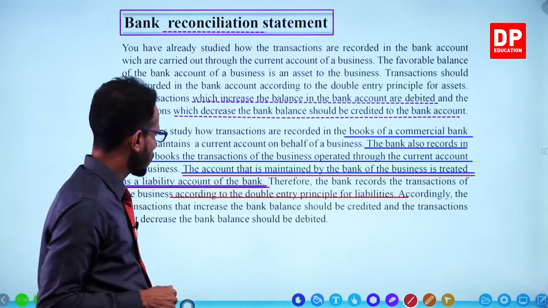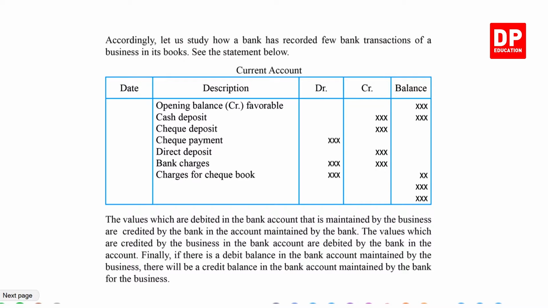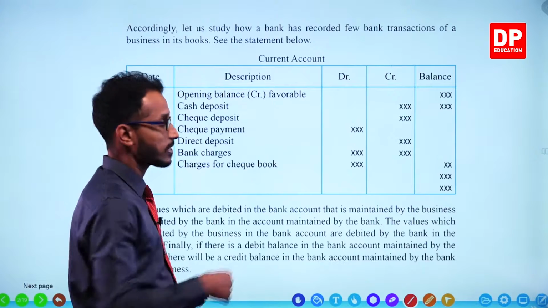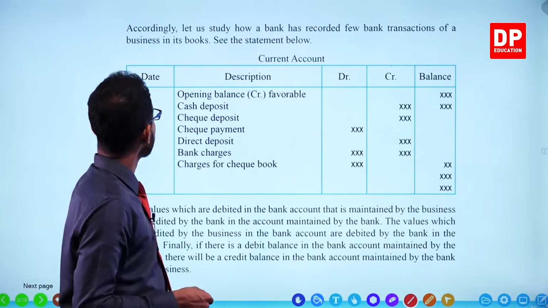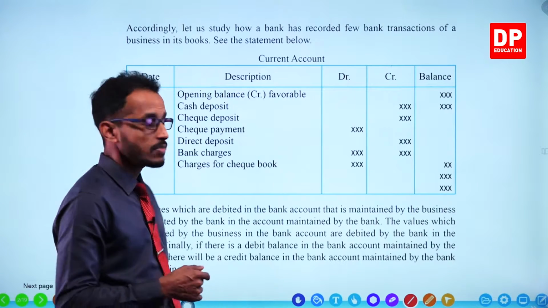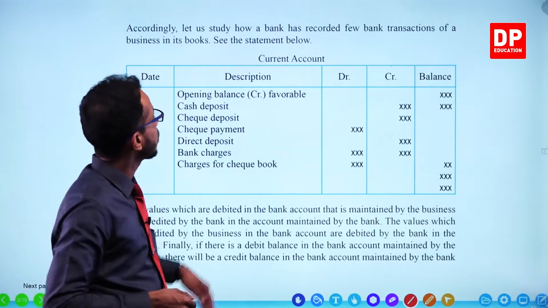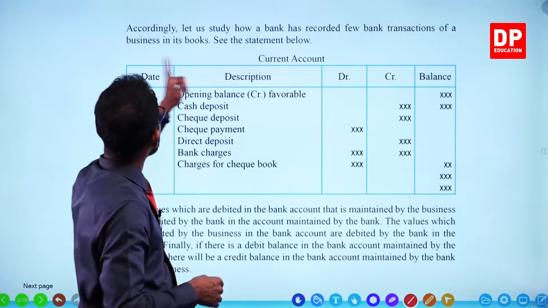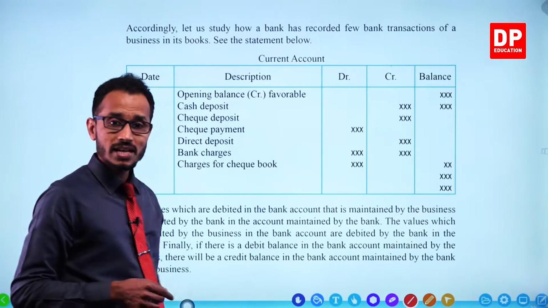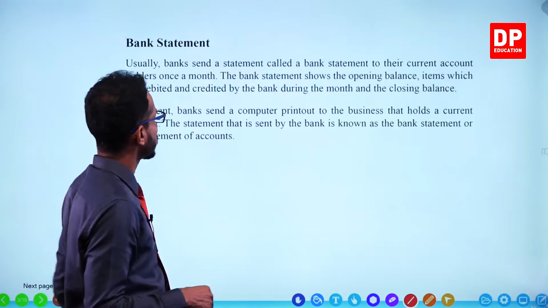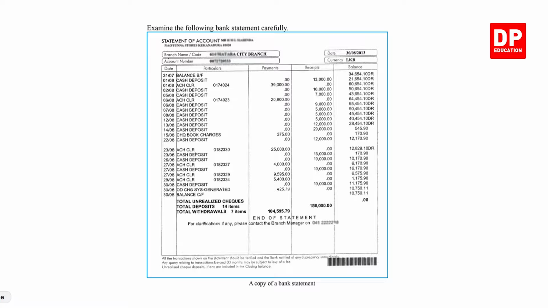Okay, let's look at a bank statement, which is sent by the bank at the end of every month. Okay, this is a bank statement, children. Well, this is a sample only, which is given in the textbook. But a real bank statement is given on the next page. There you go.